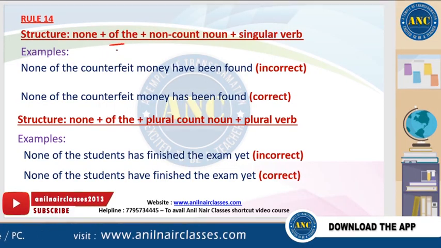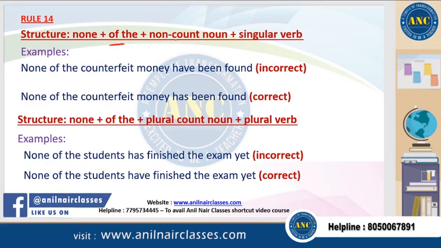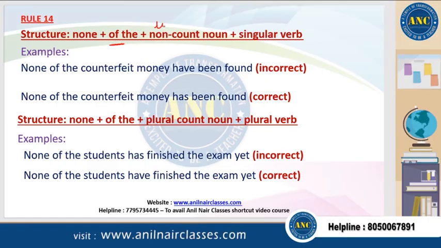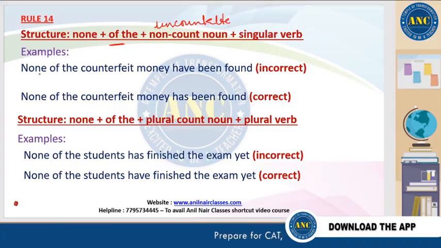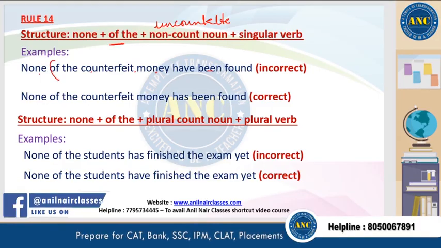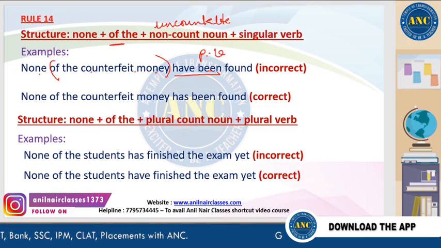Next slide. Now, if you have a none, after the none you will have a prepositional phrase which will start with of. Now, if the object of the prepositional phrase is non-countable, uncountable, in that case we will use the singular form of the verb. So, see the example. None of the counterfeit money have been found. Have been is the plural form of the verb.